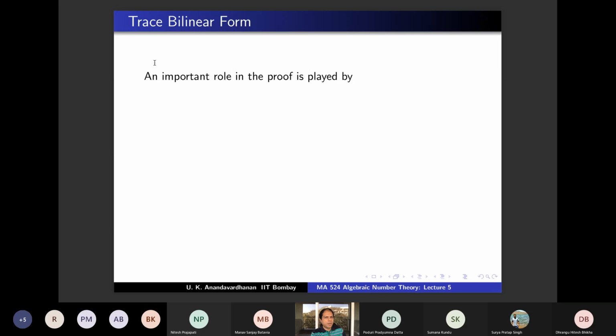An important role is played by the so-called trace bilinear form. L is a finite separable extension of K, and therefore you can think of L as a vector space over K. If you take two vectors x and y, I take the product of x and y, which is in L, and just take the trace. Trace is the sum of the Galois conjugates.